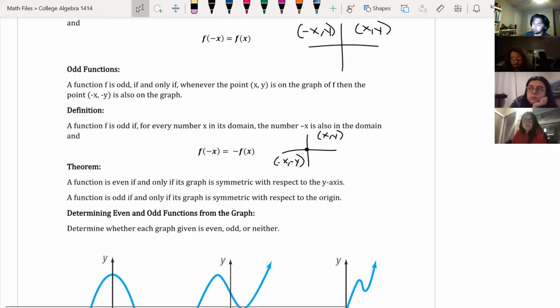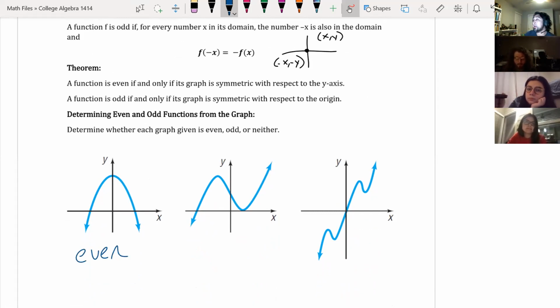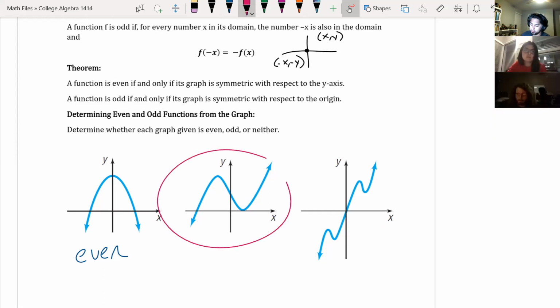Now, looking at the graphs below, based on our even and odd knowledge, let's look at graph 1 and tell me, is it even, odd, or neither? Even. Good. This is even, because does that look symmetric about the y-axis? Yes. All right.